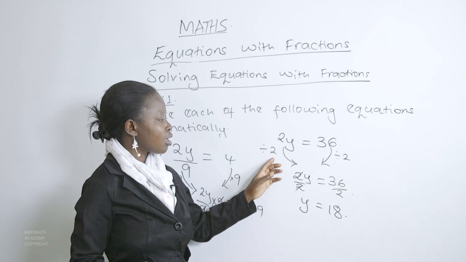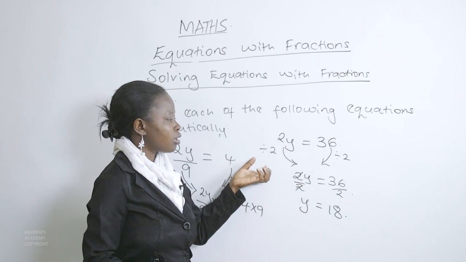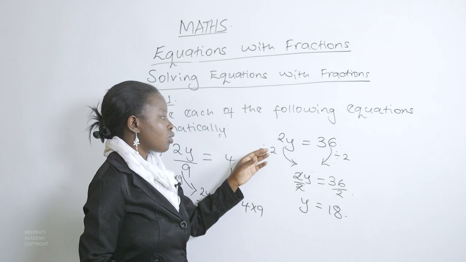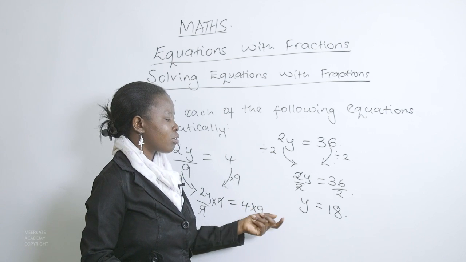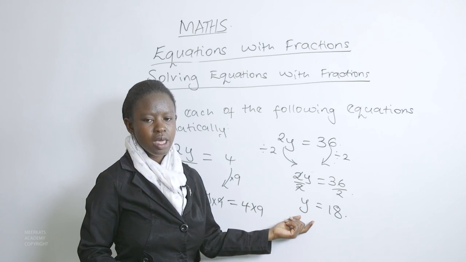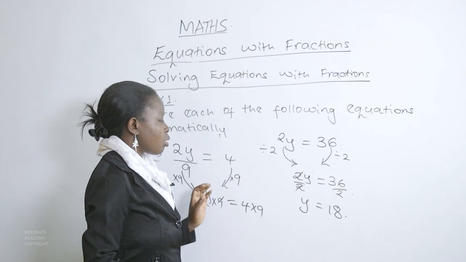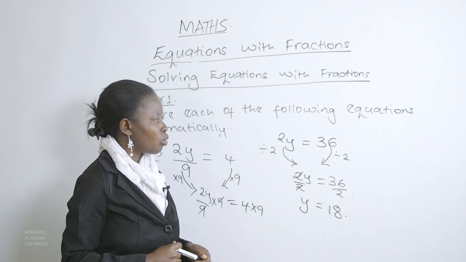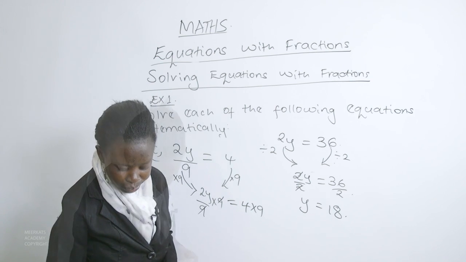In our second step, we have division by 2 on both the left hand side and right hand side of this given equation, so that when we divide by 2 on both sides of the equation, we discover that our value for y will be equal to 18. So those are the two steps that are followed in this given equation in order to obtain the value of our pronumeral.